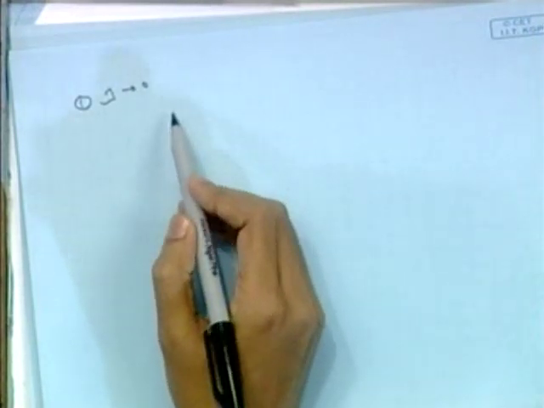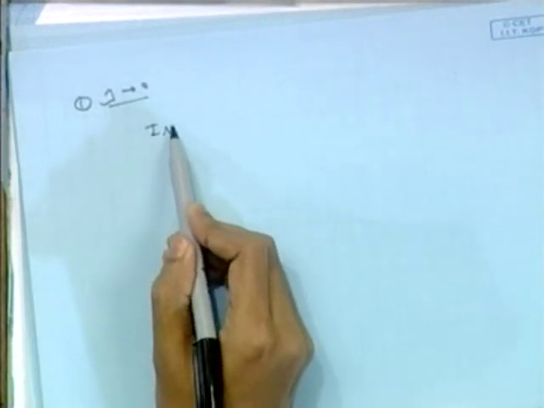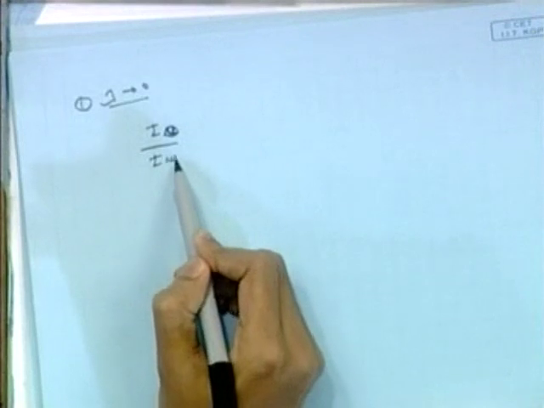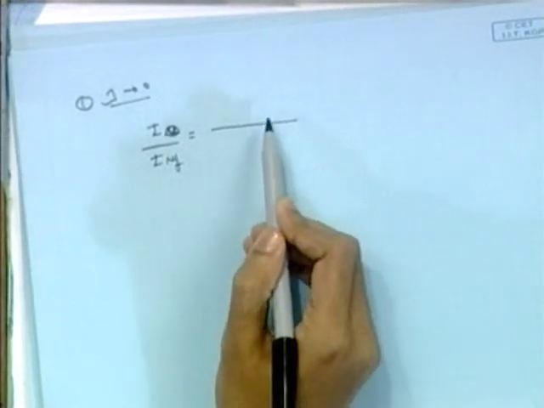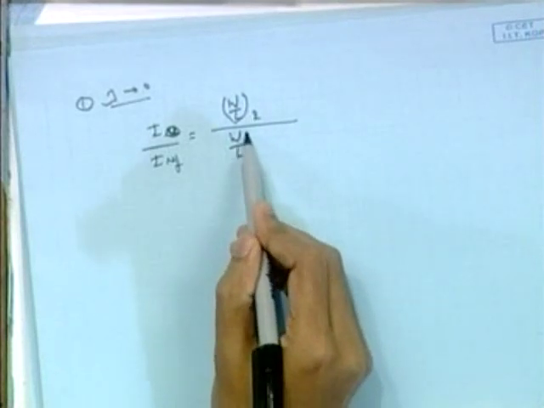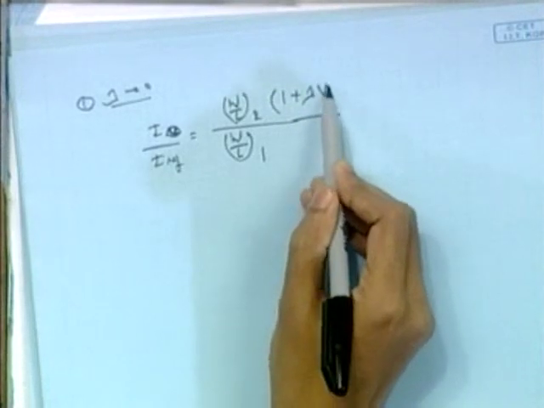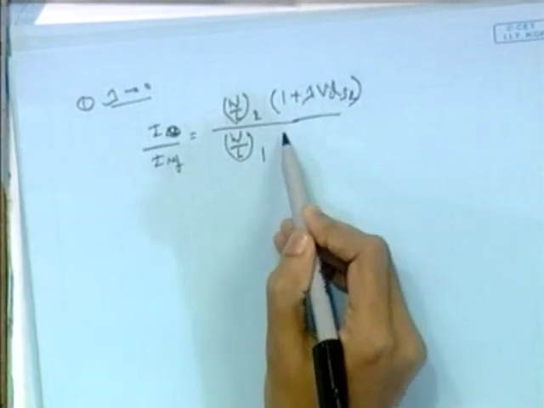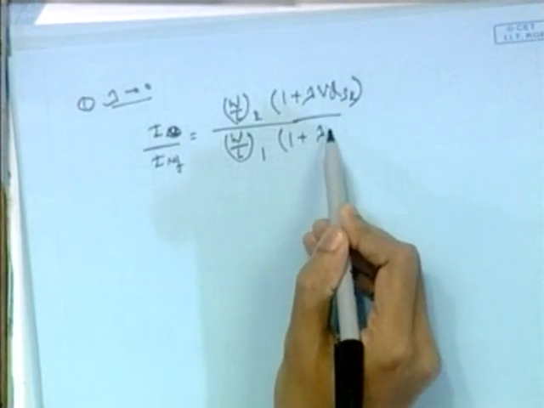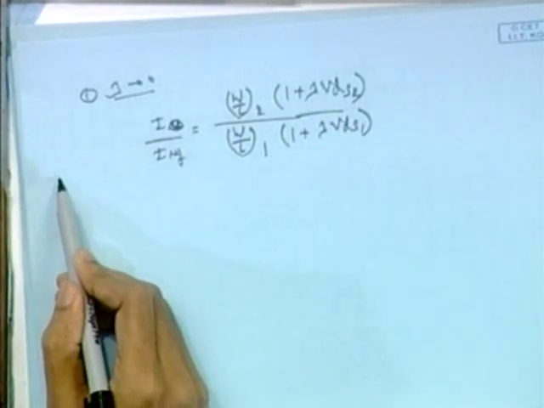Due to having some finite lambda, I0 by IREF will be equal to W by L of 2 over 1, times 1 plus lambda VDS2 divided by 1 plus lambda VDS1. We have a circuit like this.